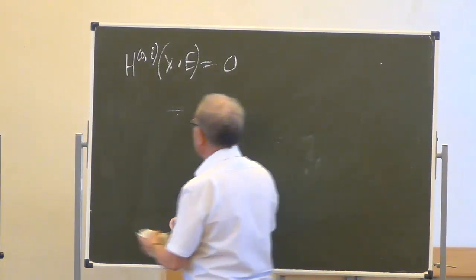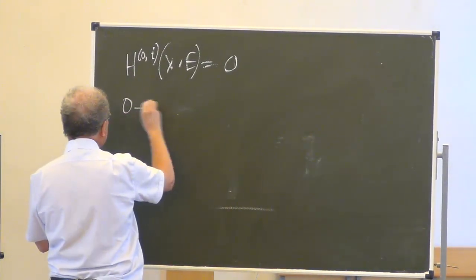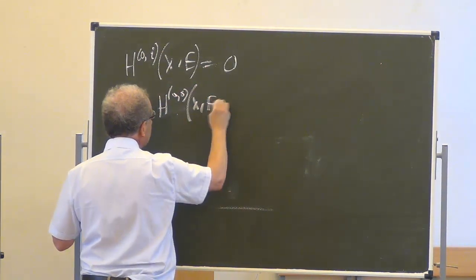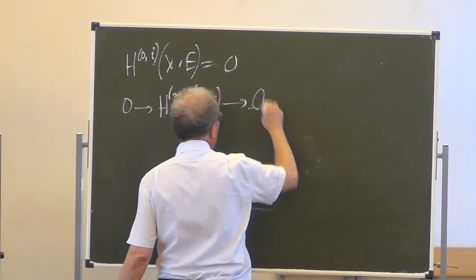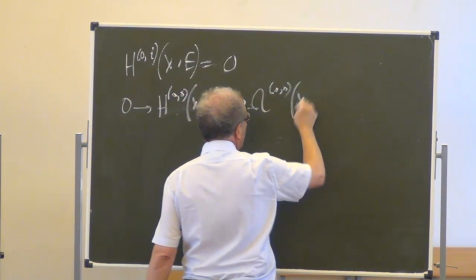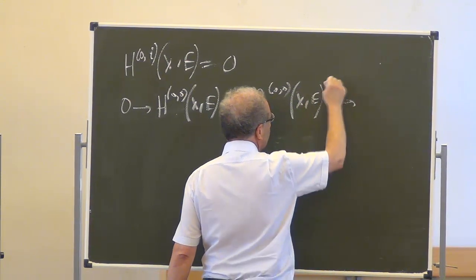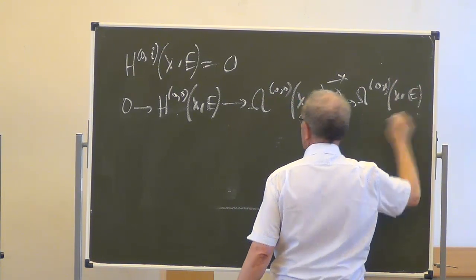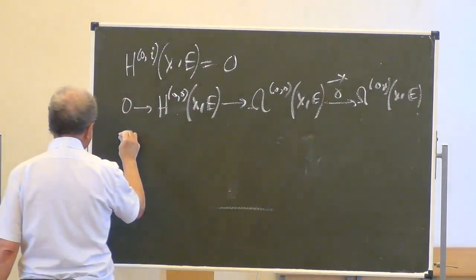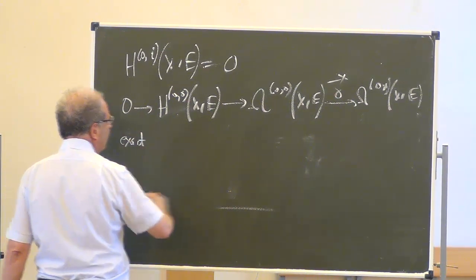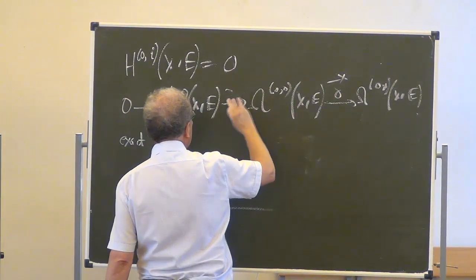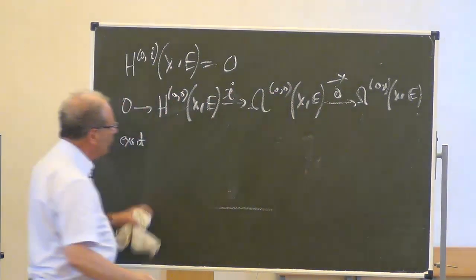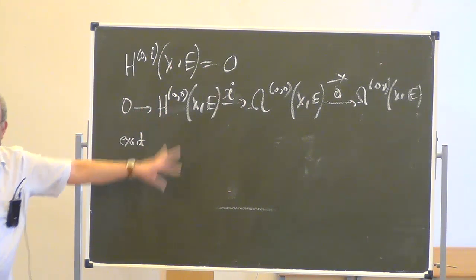So in this case, basically you have the exact sequence: H^{0,0}(X,E), which maps into Ω^{0,0}(X,E), which goes through \bar∂^X to Ω^{0,1}(X,E). And so this sequence is exact. So saying that there is no higher cohomology, here you have the embedding, here you have the Dolbeault map, and so this is an exact sequence.